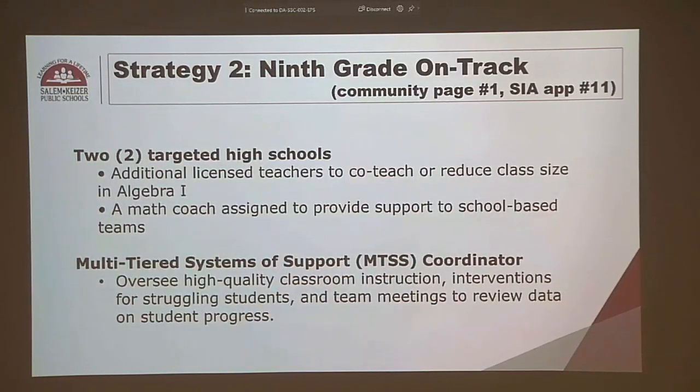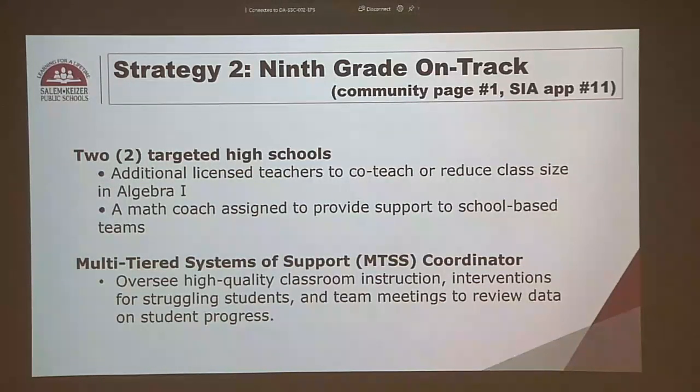At 2 targeted high schools, we will push in additional licensed teachers to co-teach or reduce class size in Algebra 1. And each of those schools will also have a math coach assigned to provide support to those school-based math teams. That will occur at 2 of our 6 comprehensive high schools.